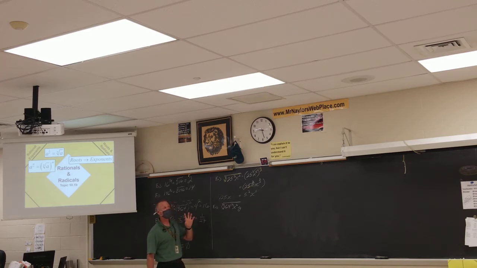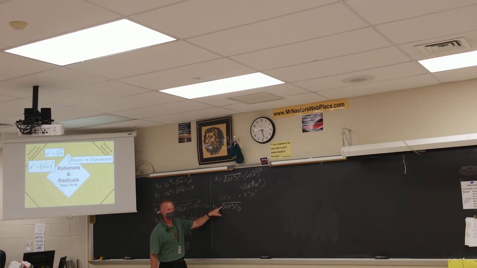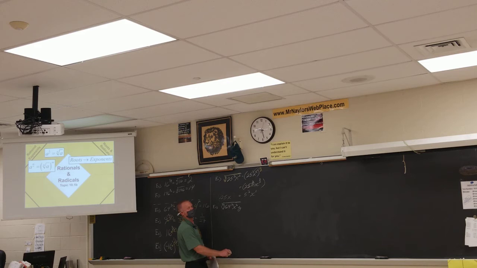Now listen, I could rewrite this, and maybe for some of us it's what you want to do. When I rewrite it, this 3 would really become a 1/3. You do have to kind of see that this is really a 1/3. What happens with a 1/3? What happens with a 1/2?